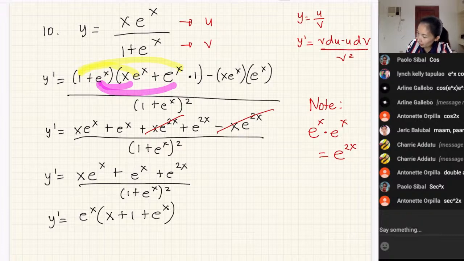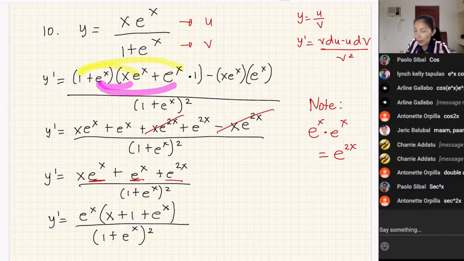That's after factoring this out. Factor out, factor this out, factor this out. What will remain here will be x, will be 1, and then 1 e to the x, all over the quantity 1 plus e raised to x squared.